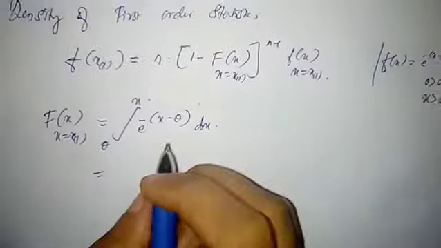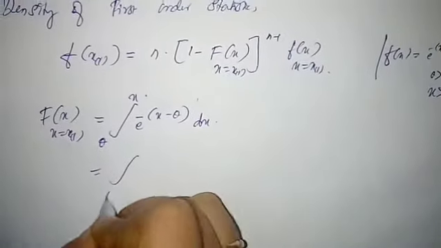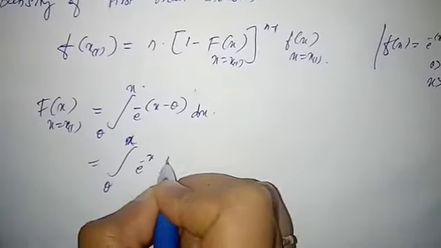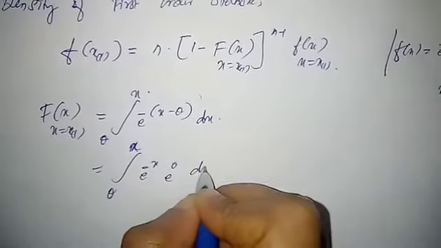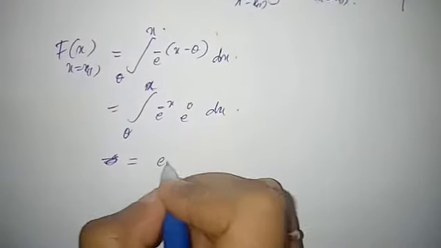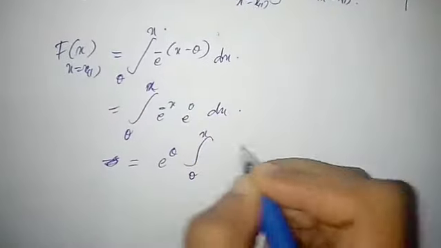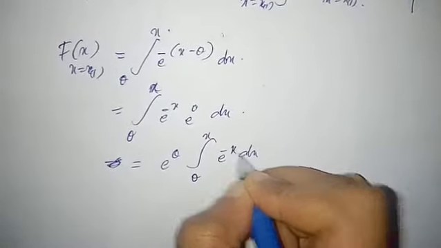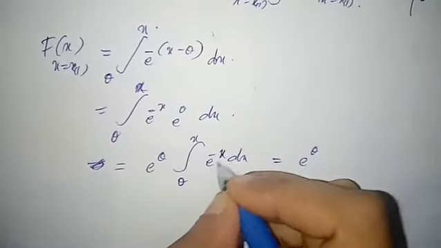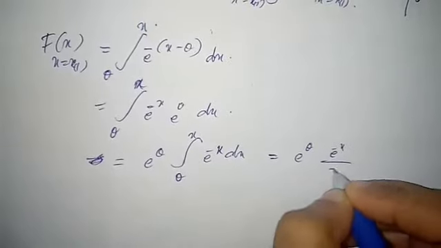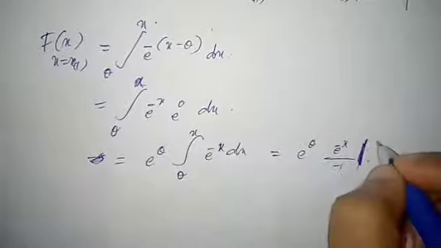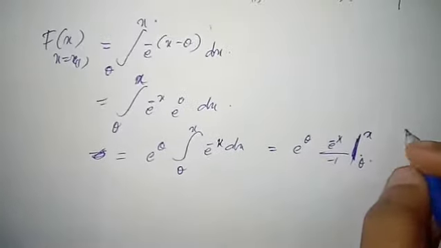Then integrate these terms. We can write these terms as e power minus x into e power theta, same, right? You take e power theta outside: e power theta integral from theta to x of e power minus x dx, which equals e power theta times e power minus x divided by minus 1, with limits x and theta, right?